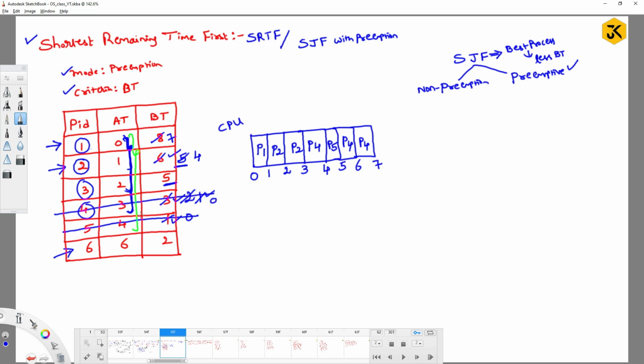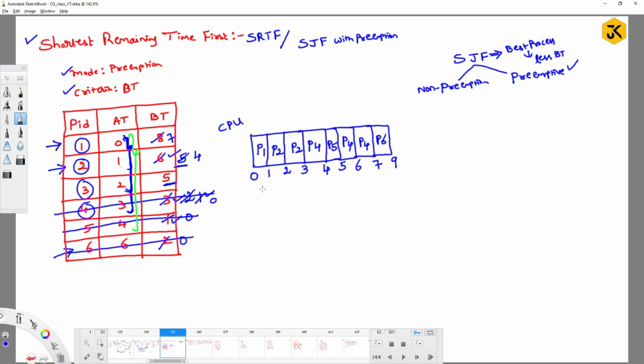Now by the time of 7 units, P1, P2, P3 and P6 are available. If you have clearly understood, the process which has the least burst time will always be executed, right? So P6 has a very small burst time, so I will allocate 2 units, then it will be done.